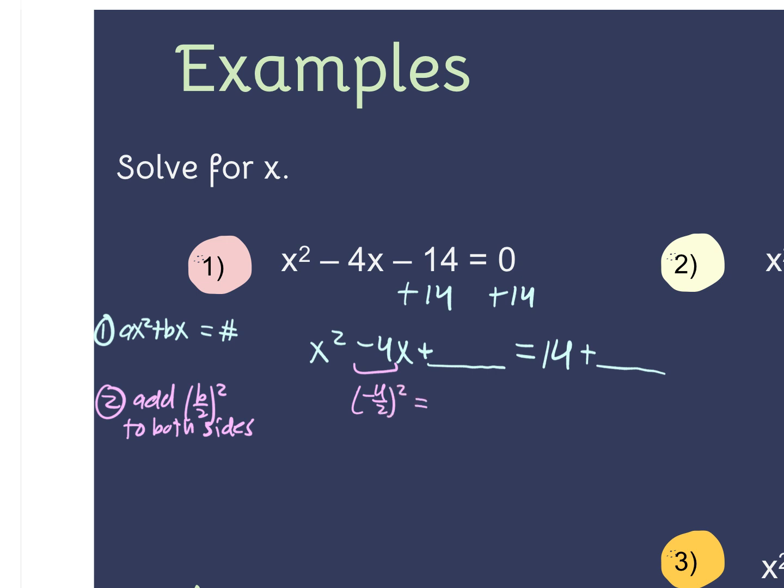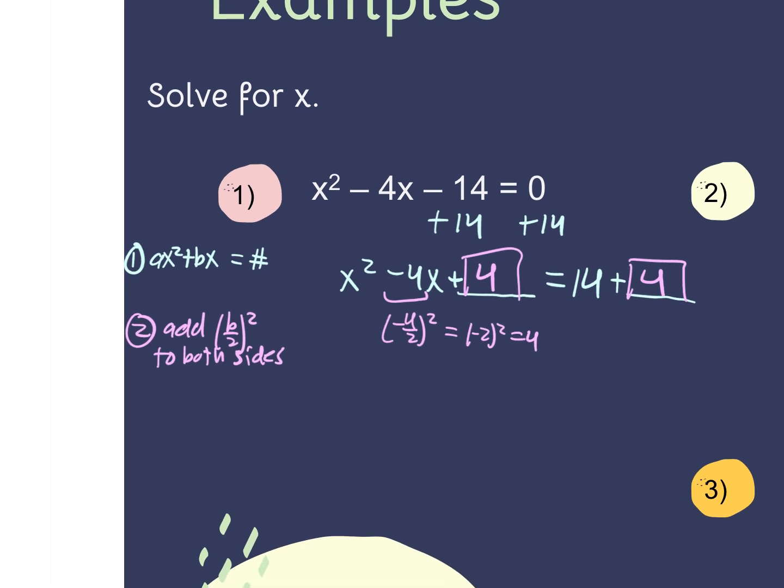Negative 4 over 2 is going to be negative 2, and when we square that, we get positive 4. So we want to add 4 on both sides. That's what's going to go in this little space. In class, I showed you guys a box. Box, space, doesn't really matter, as long as you know you're adding the exact same thing on both sides, because what you do to one side, you have to do to the other. If we're adding 4 on this side, we have to add 4 to this side as well.